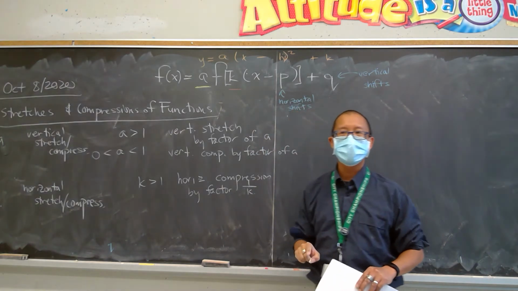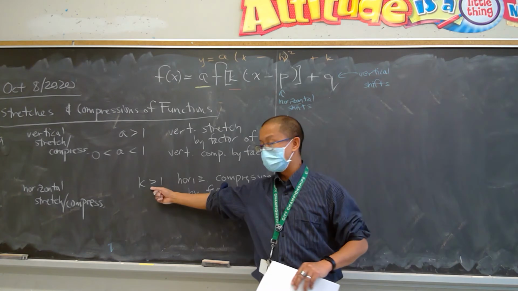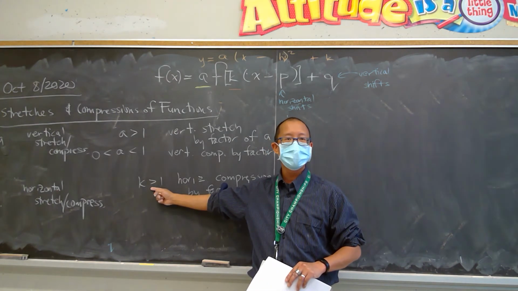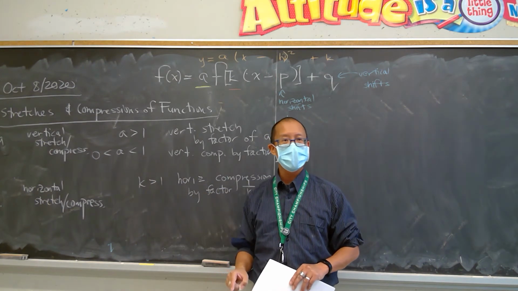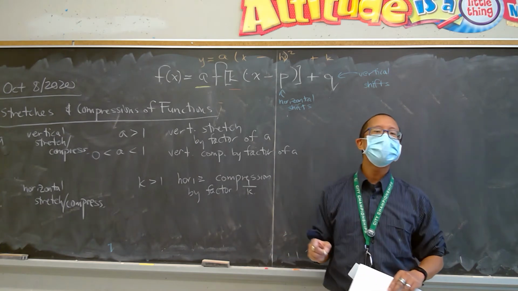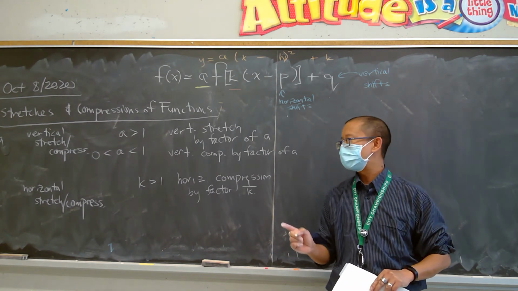You'll see it more explicitly when we give you an example. So this is weird. When this number is larger than 1, let's say 2 or 4 or 5, let's say 2. When K is 2, it actually means a horizontal compression by a factor of 1/2. It's inversely related. So it's not direct, inversely.